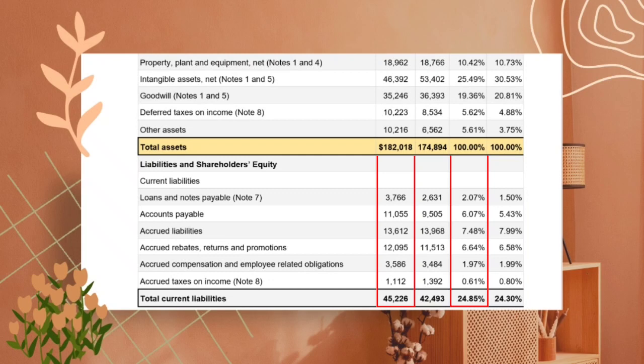We have here 0.61%. Then the total current liabilities will be 45,226 for 2021. We're going to divide it into total asset of 182,018 multiplied by 100.